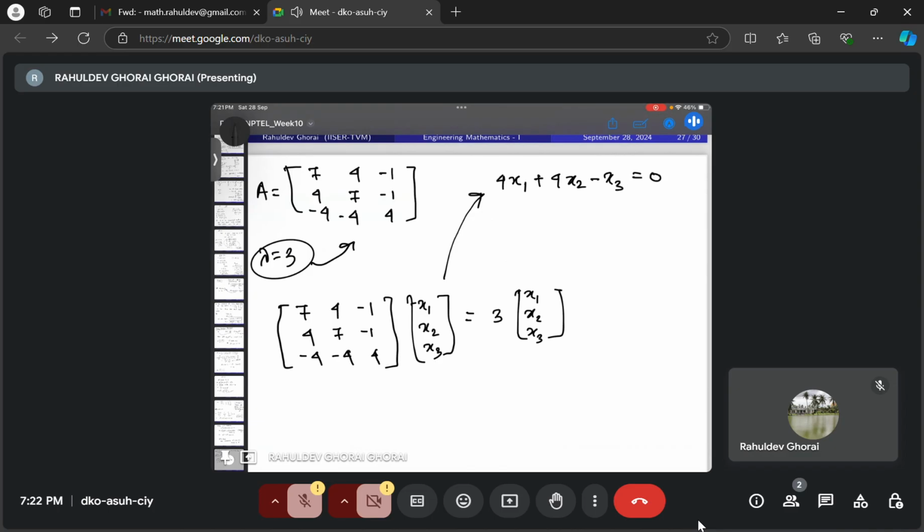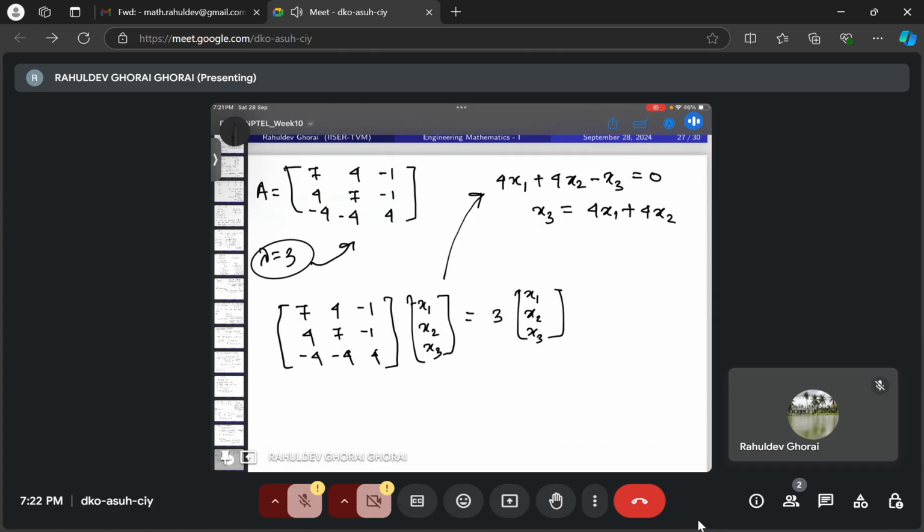And you can see that for all three equations, it will be the same. So when this is like this, you can write x3 as 4x1 plus 4x2.